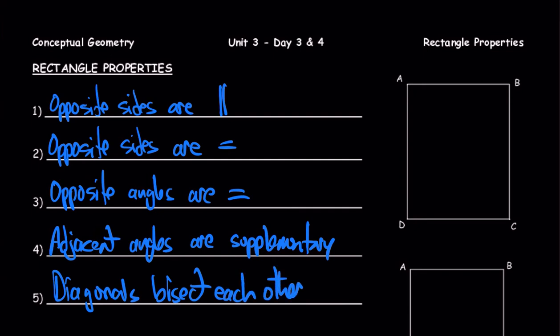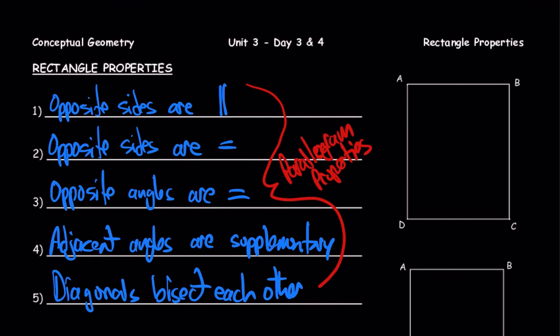So you might say, well, hey, this looks very familiar, and it should. These five properties here are parallelogram properties. All rectangles are parallelograms, and that's really important for you guys to understand.